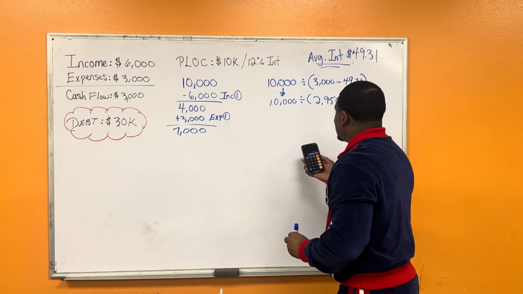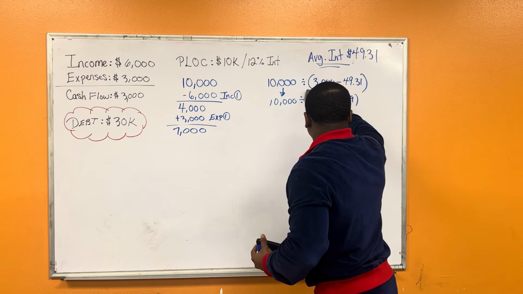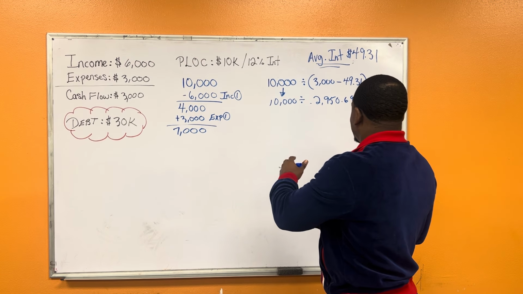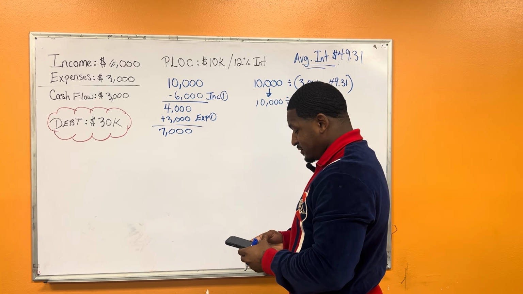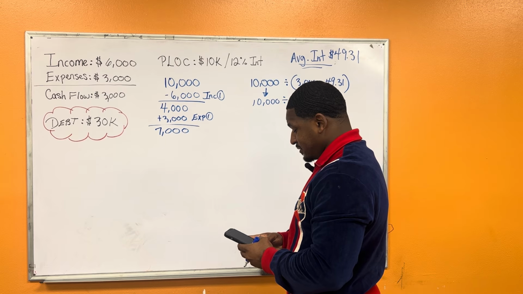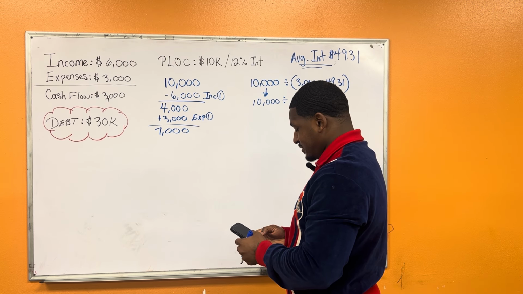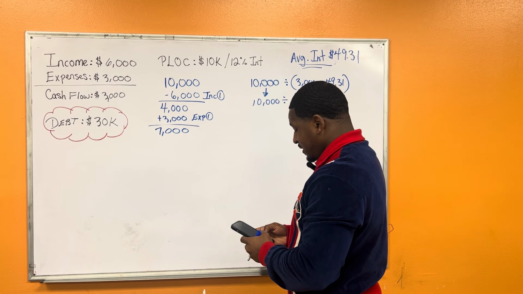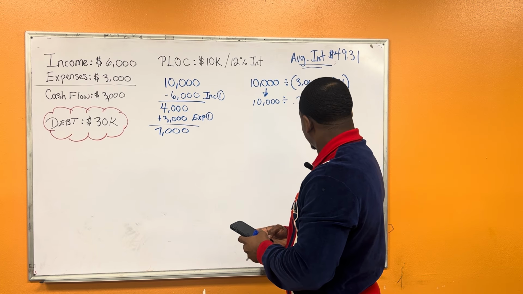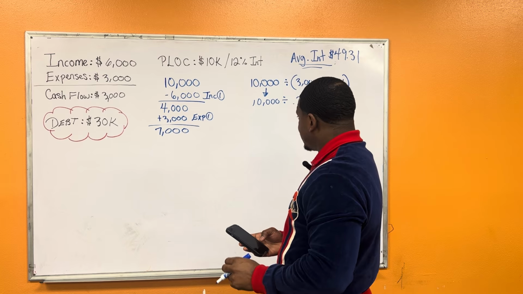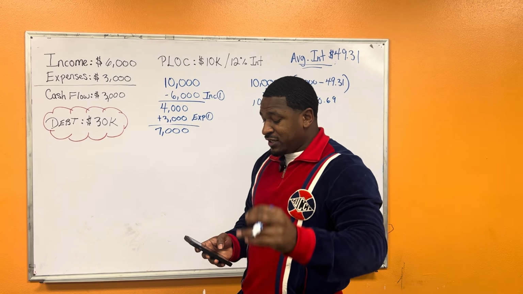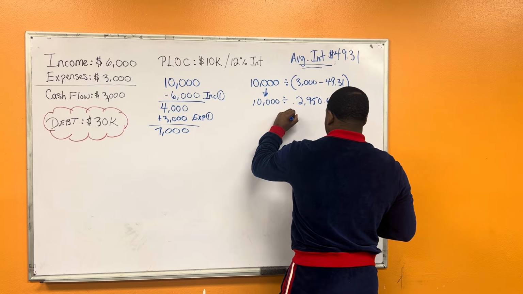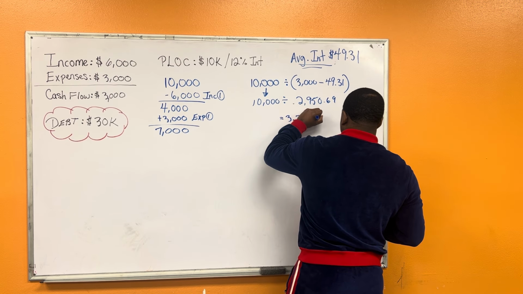Now I'm going to divide 10,000 by 2,950.69, which is 3.38. So that gives us 3.38 months.